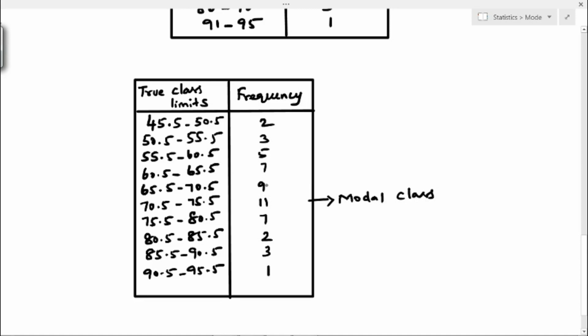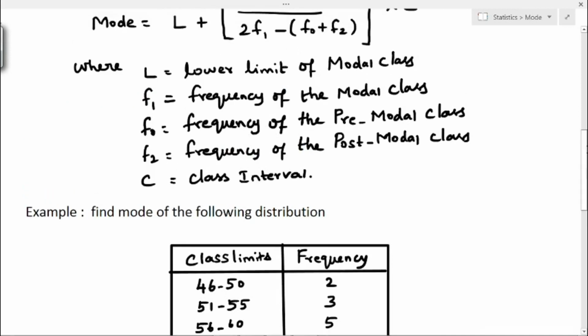The value before that, that is 9, is called the pre-modal class, and the succeeding value, that is 7, is called the post-modal class. So first we take the highest frequency, which is 11. That is the modal class, the preceding value is the pre-modal class, and the succeeding value is the post-modal class. We also have to find the lower limit of the modal class.